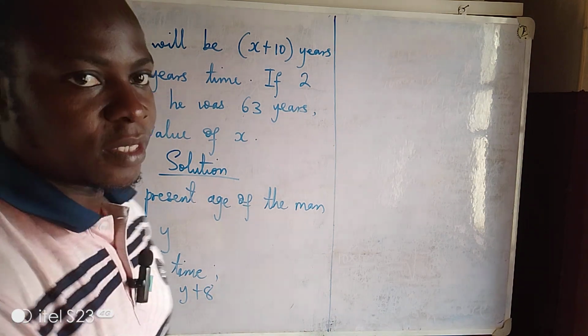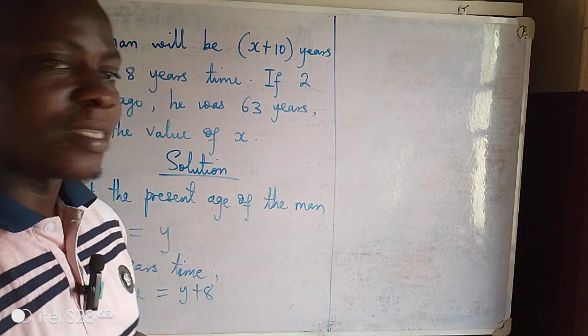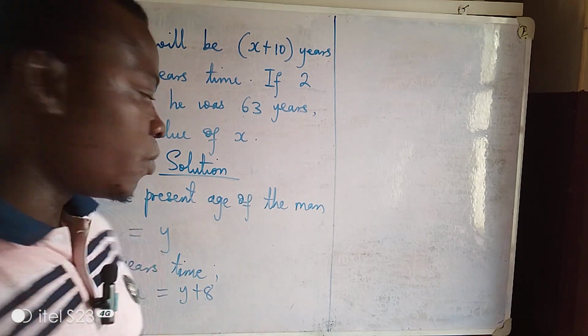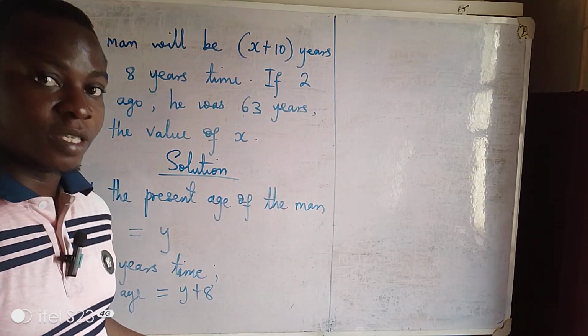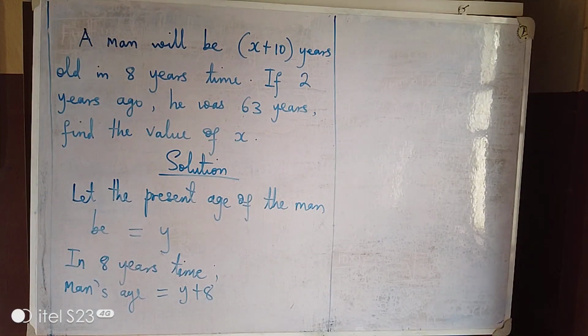We add 8 to his age since we have said let his age be y. So we are going to add 8 years to the present age, which is y. So that will give us y plus 8.